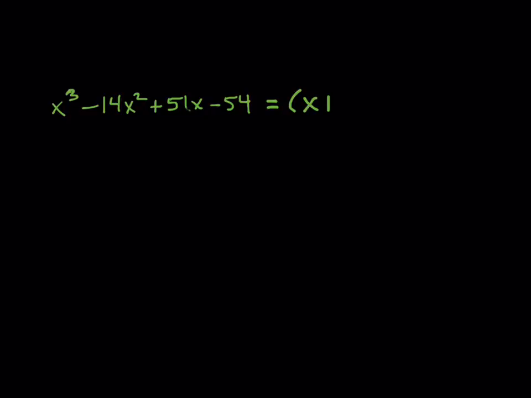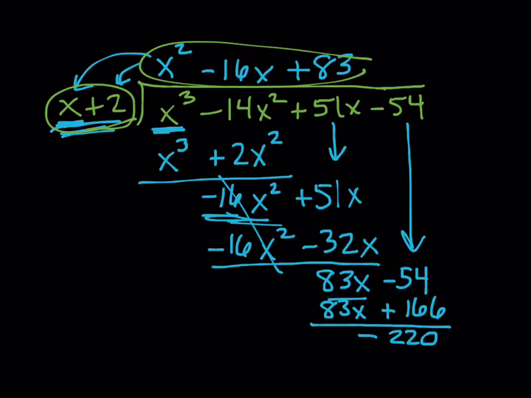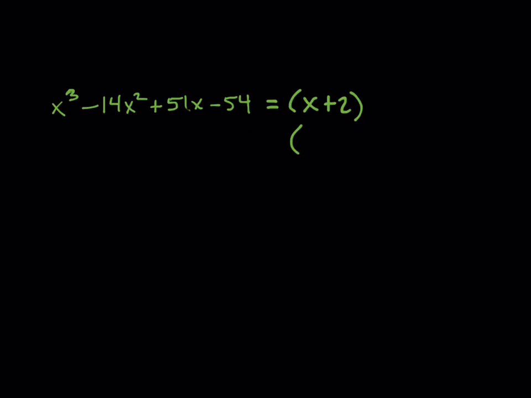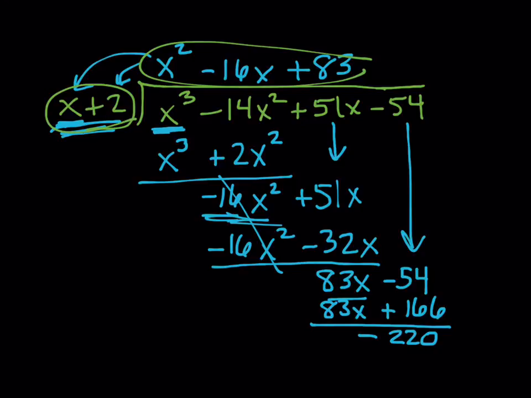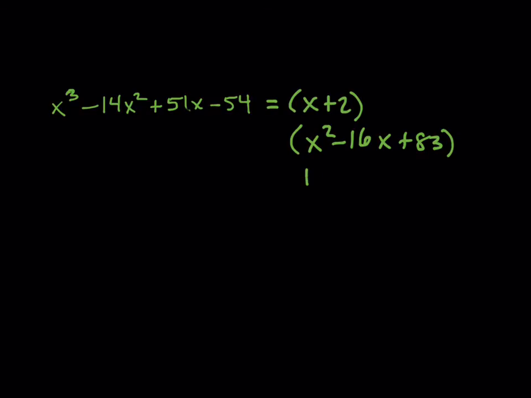Okay, so x plus 2 times x squared minus 16x plus 83. Alright, and then there's also that remainder, so we need to add on whatever's left. In this case it's a negative 220, so I could actually just subtract instead, 220.